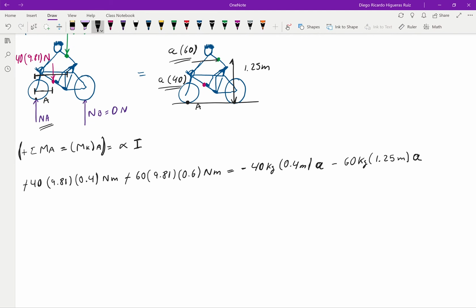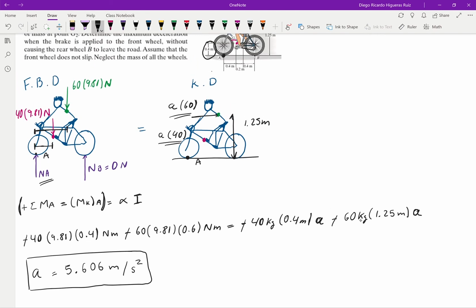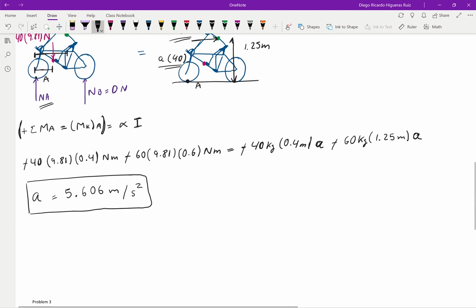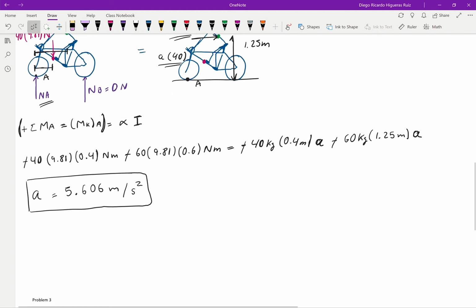Actually, all these terms are going to turn out to be positive, so we're going to get an acceleration of 5.606 meters per second squared. All right, and it's positive, but since we assumed the acceleration to go opposite to the motion of the bicyclist, then it's pretty much this acceleration because it's going in that direction, against the motion.